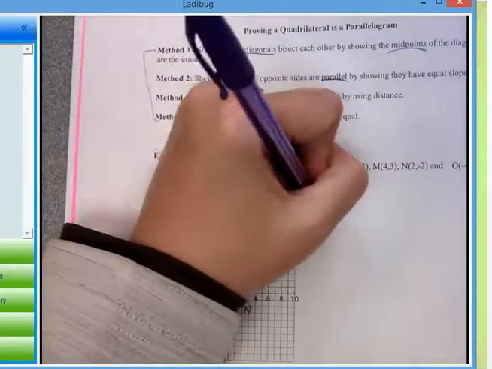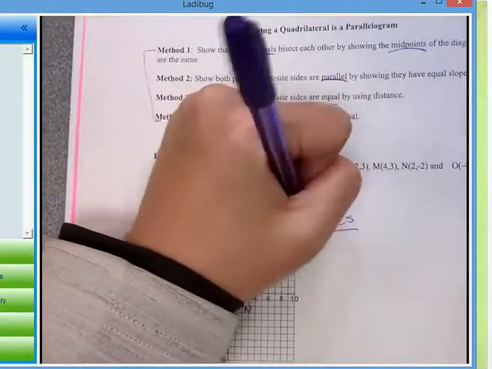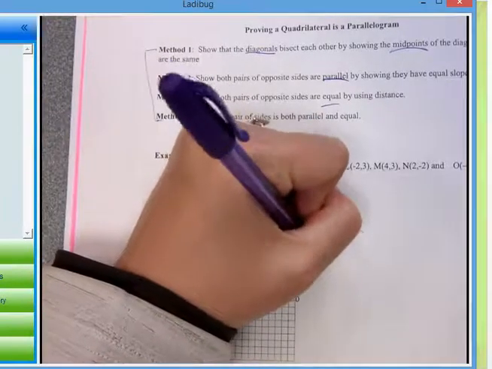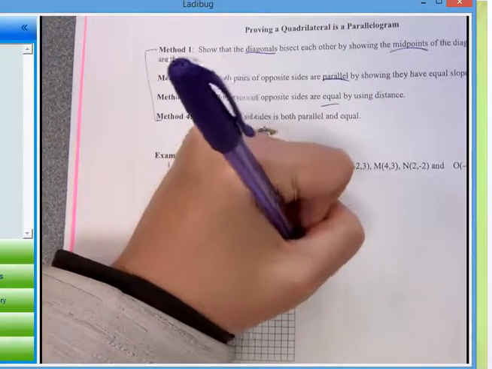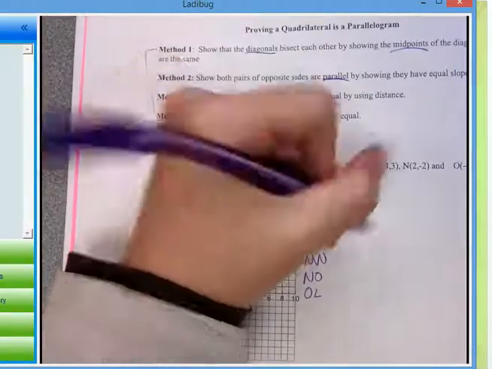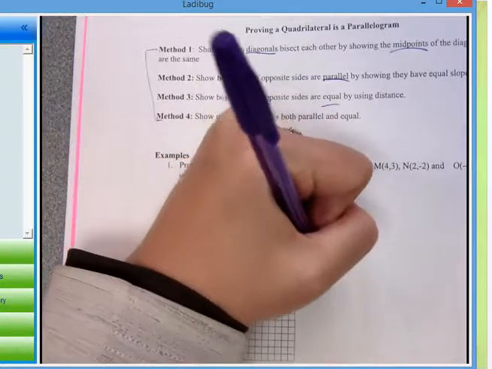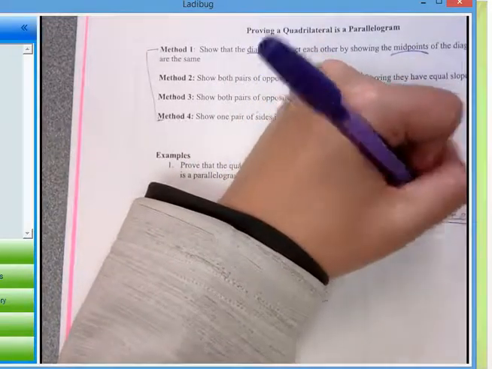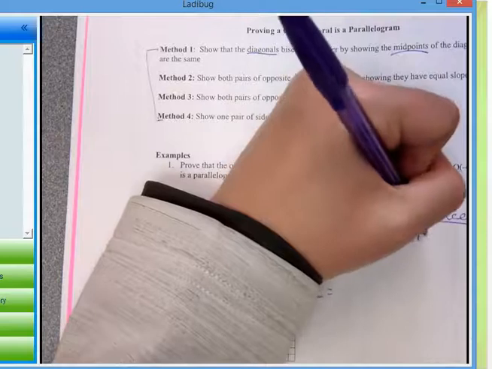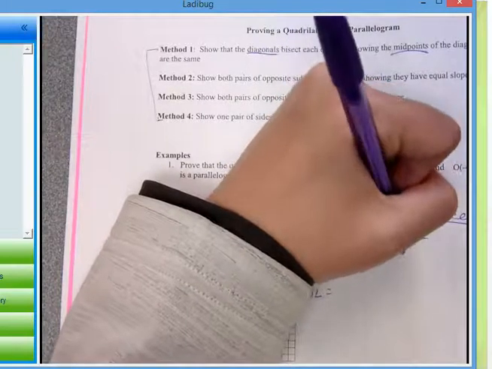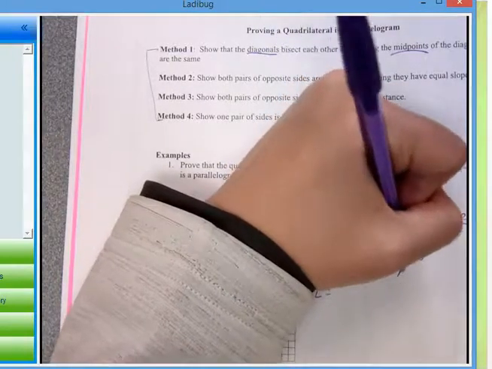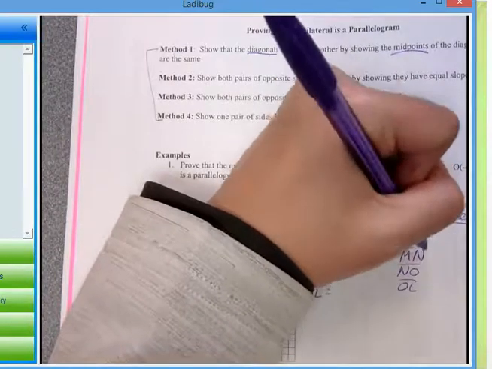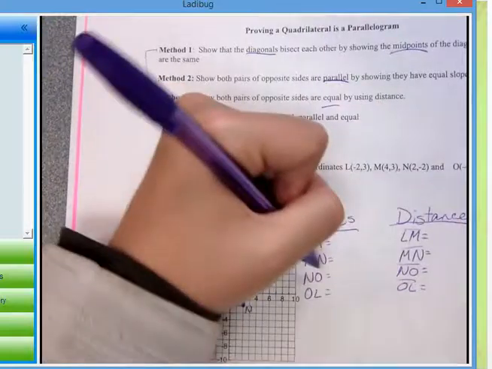We need to find slopes of all of them: LM, MN, NO, and OL. And then the distance: LM, MN, NO, and OL. So these are all of the segments of this parallelogram.